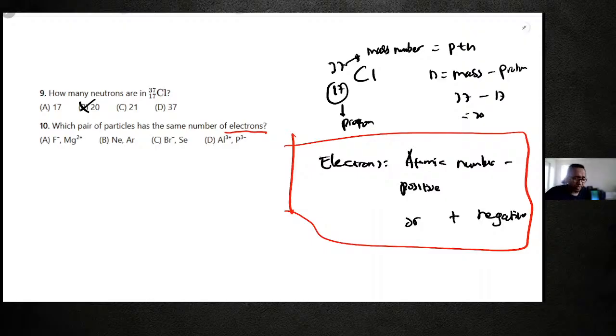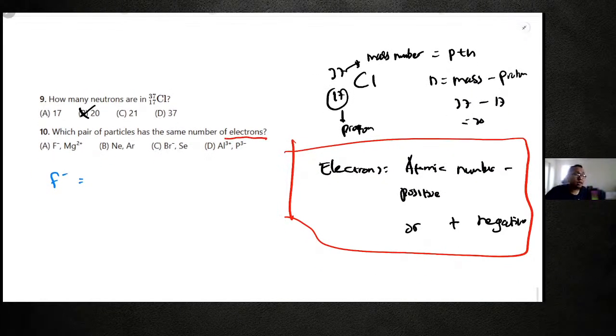Let's review the options one by one. For F minus, it is adding one electron, since this is the negative, so atomic number plus negative. The atomic number of F, we can take a look at in the periodic table, is 9.